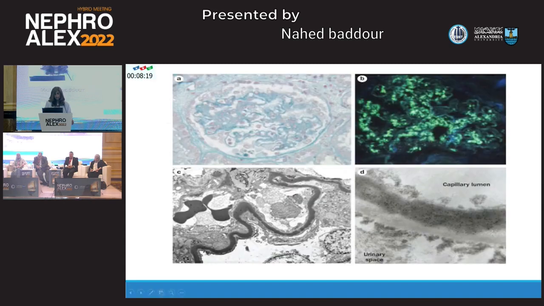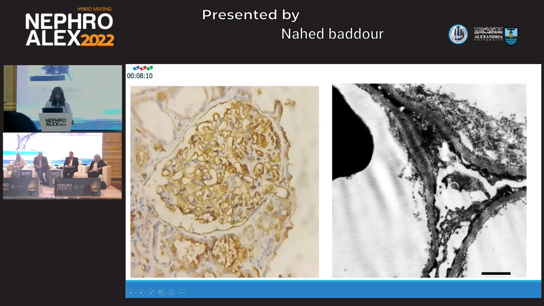And this is what we see on transmission microscopy, this cigar-shaped, extremely electron-dense deposit in the GBM. And this is actually one of our cases where we do immunohistochemistry. We don't do immunofluorescence, so you can see this is C3, and this is what we mean by a 3+ positivity. And by TEM, we found these extremely dense intramembranous cigar-shaped deposits.